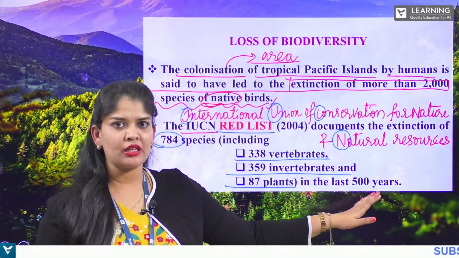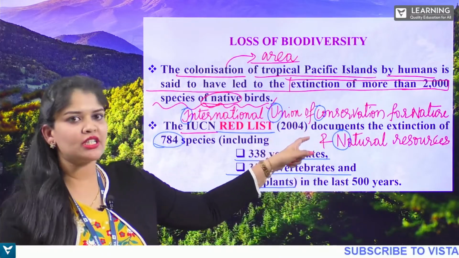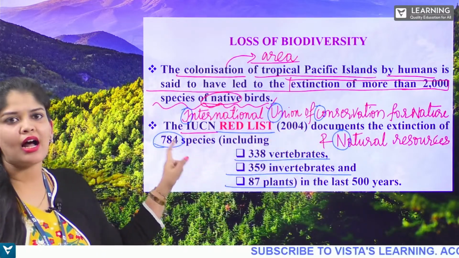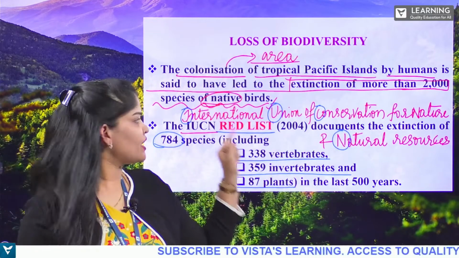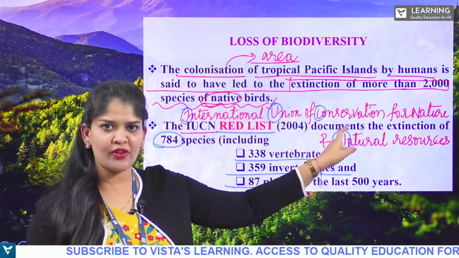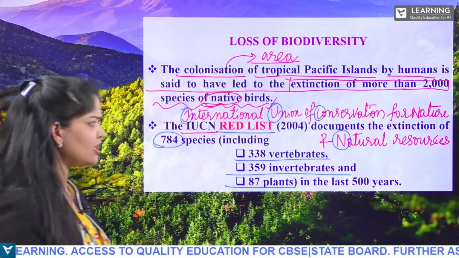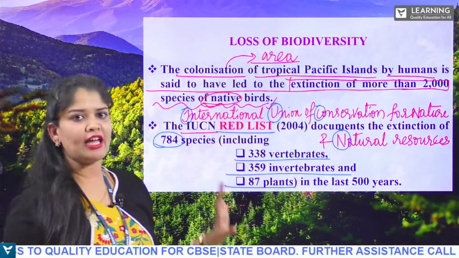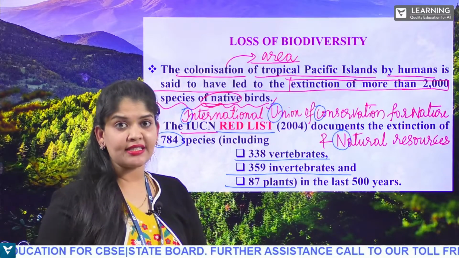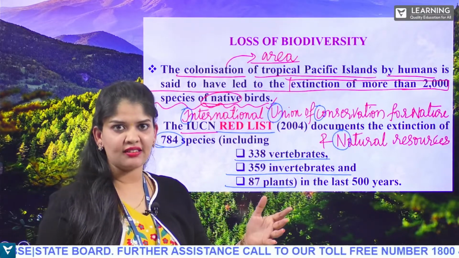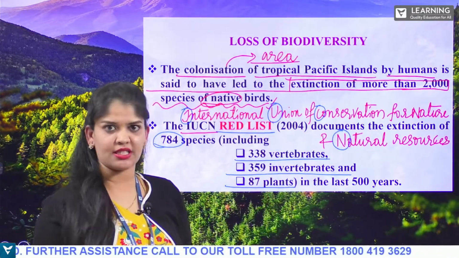This is according to the documentation given by the IUCN, International Union of Conservation for Nature and Natural Resources. So this is evidence to understand how fast the loss has been happening to the biodiversity, right?